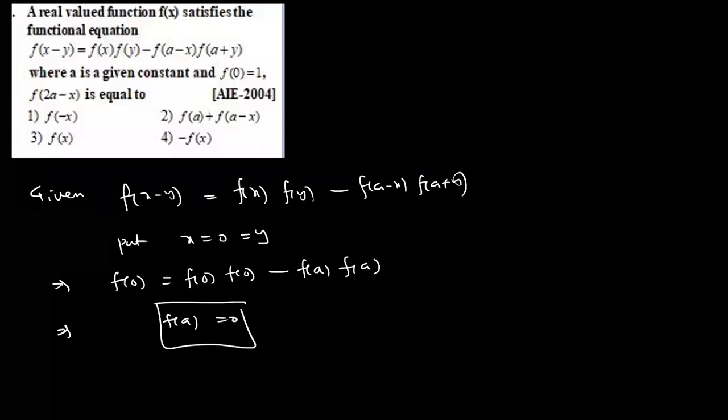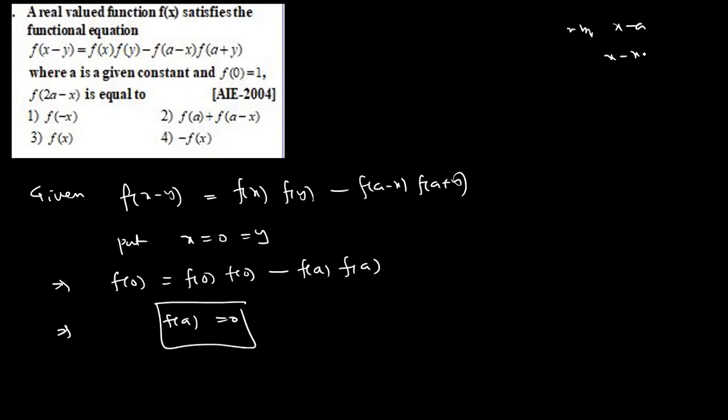F of a is coming 0. So they are asking f of 2a minus x. Here in this case, replace x by x minus something. Let me see, x minus a.